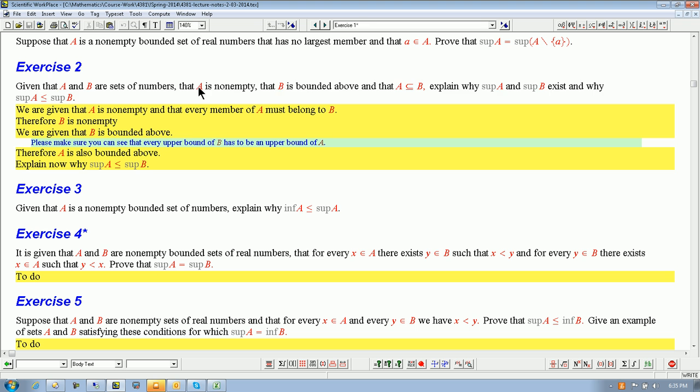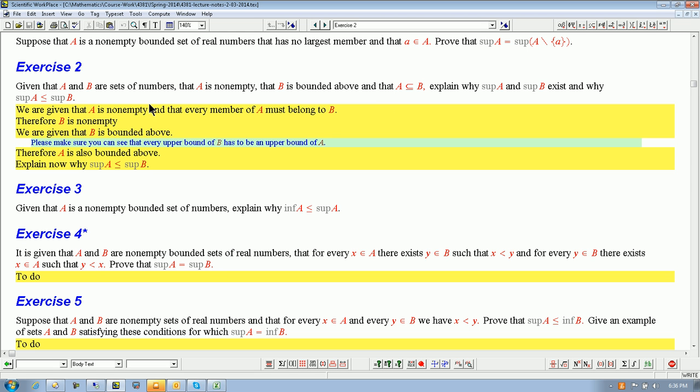Now, A is given to be non-empty and A is a subset of B. So because B has a subset that is non-empty, obviously B is non-empty. All you have to do is choose a member of A and say, you know what, this thing is in B, you see?